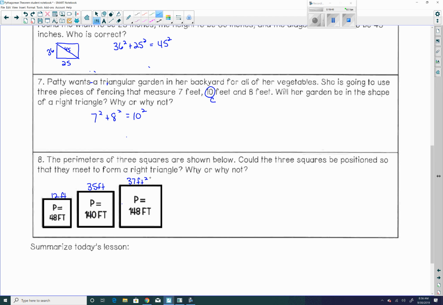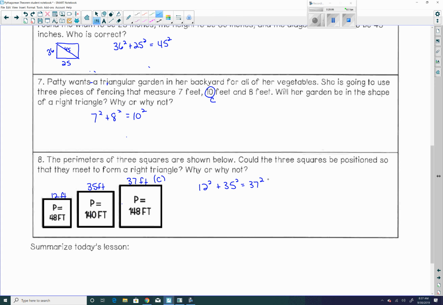Oh, I don't want to put squared yet. 37 feet. So again, the longest side is going to be your C side. We're going to set this up as 12 squared plus 35 squared. Does that equal 37 squared? So go ahead and work that one out and see if the left side of the equation is going to equal the right side of the equation.